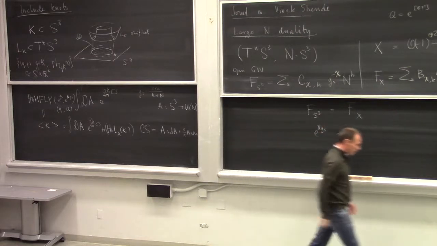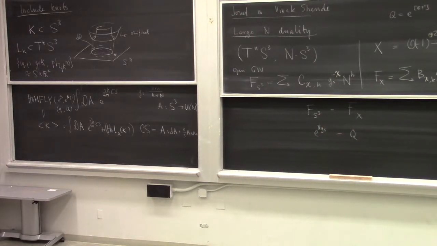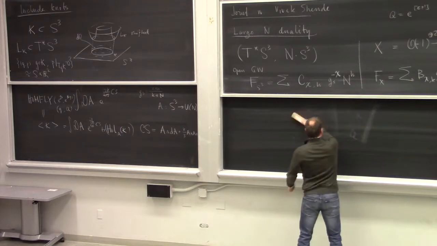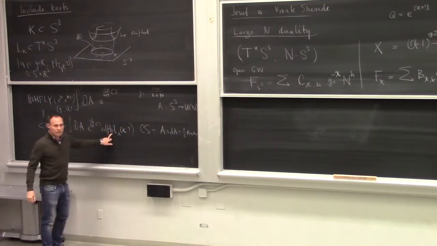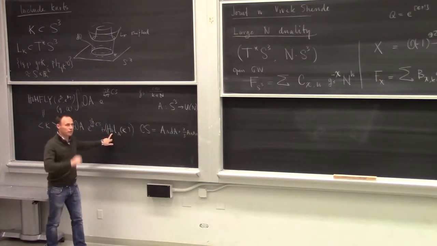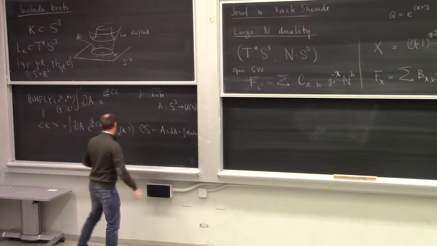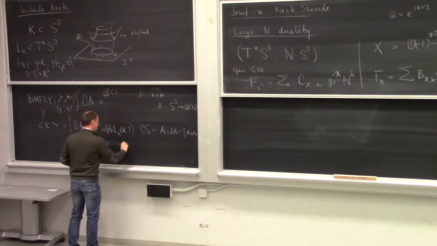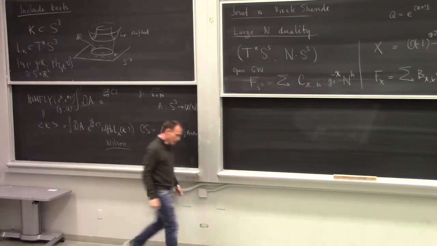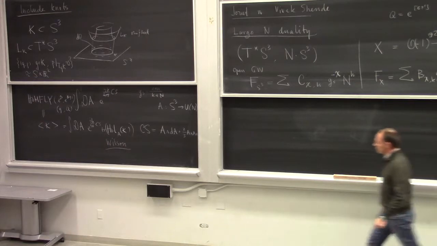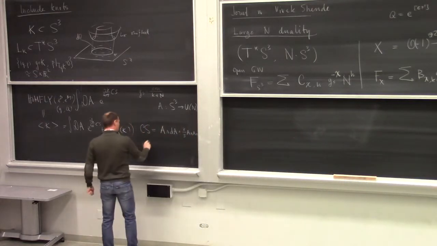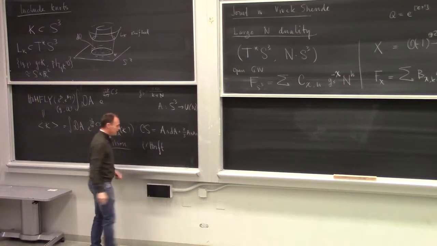But there is one point that I want to make, and that's the following: that if you look at this open Gromov-Witten theory from the point of view of physics, there is a different viewpoint on this insertion. So here what we're saying is we take the knot, this is called a Wilson line or Wilson insertion. And then there is a dual point of view which is called 't Hooft insertion.